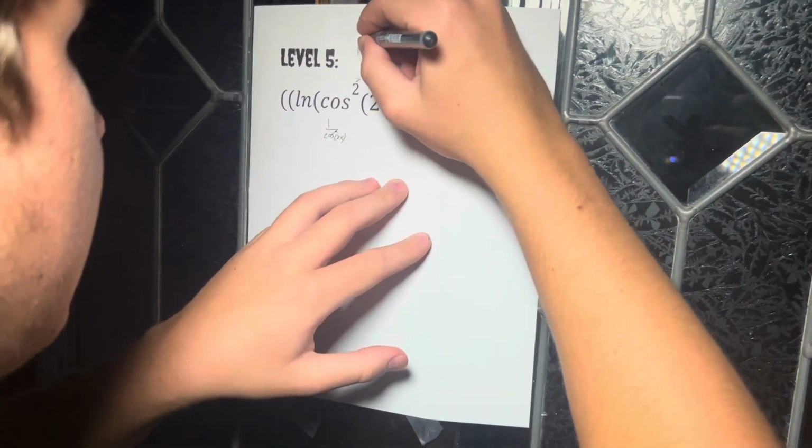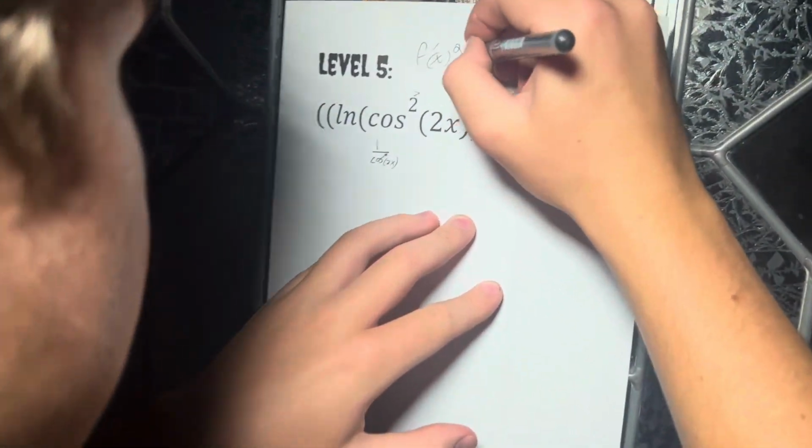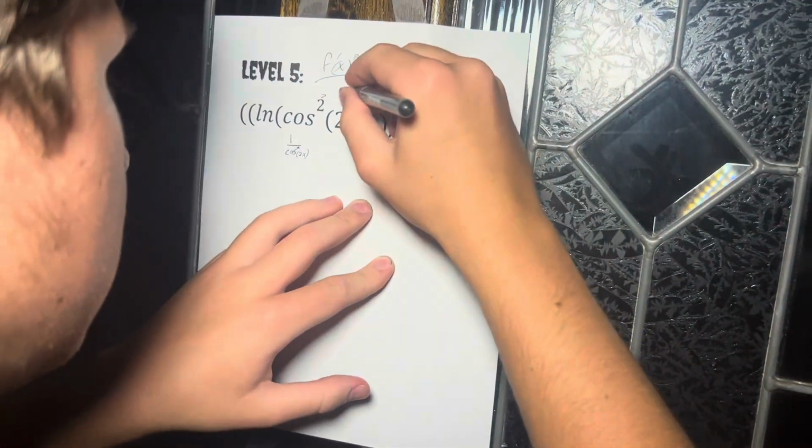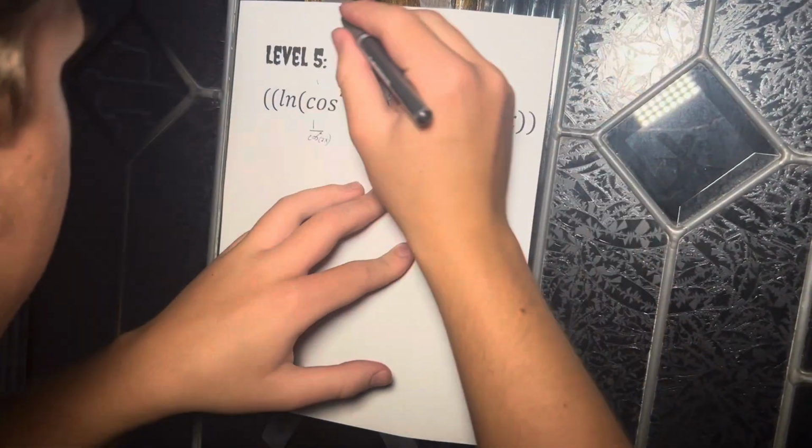Oh, we need f prime of x, g of x minus f of x, g prime of x over g of x squared. This being g of x, this being f of x, obviously.